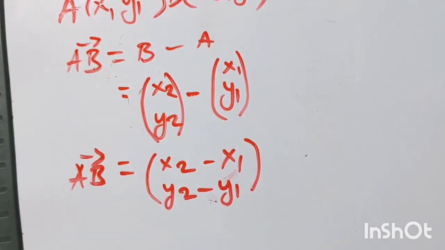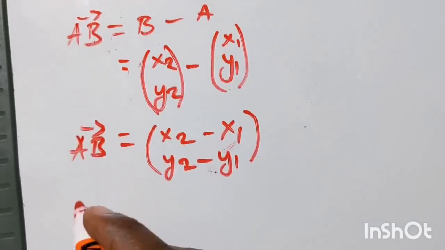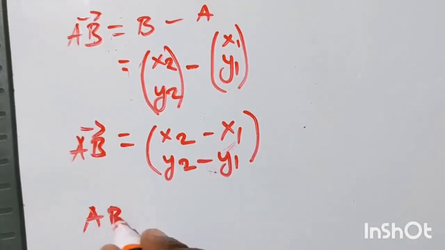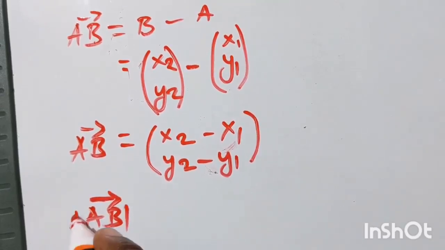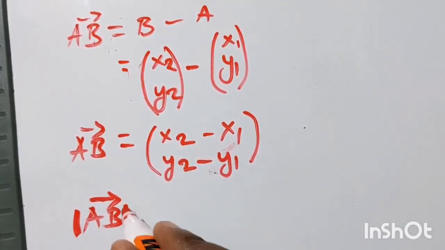After finding the vector AB, how do we find the magnitude? The magnitude is denoted by |AB|, the modulus. The vector is AB, but the magnitude we denote by this.